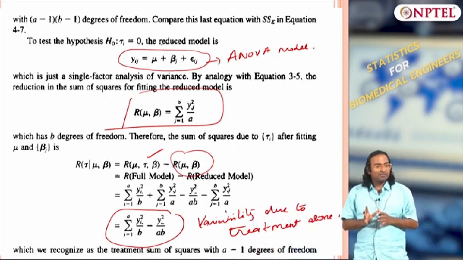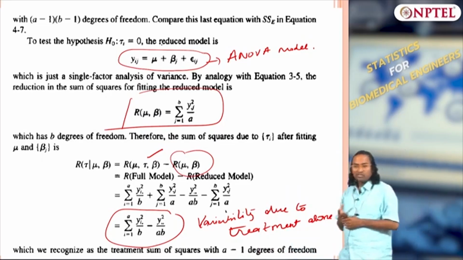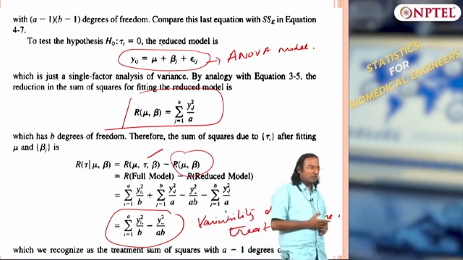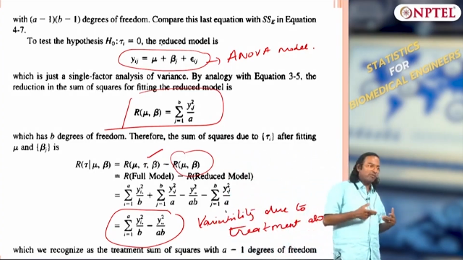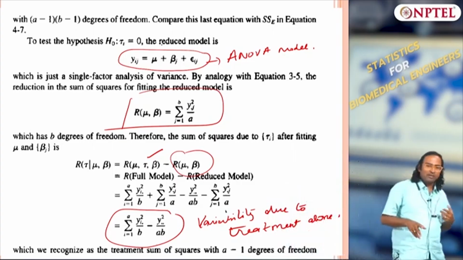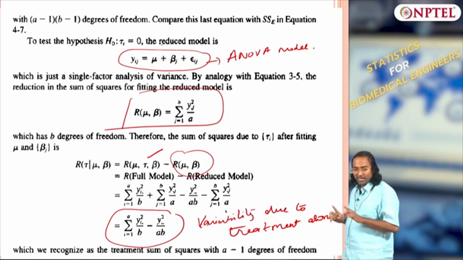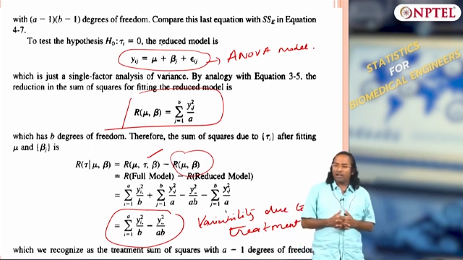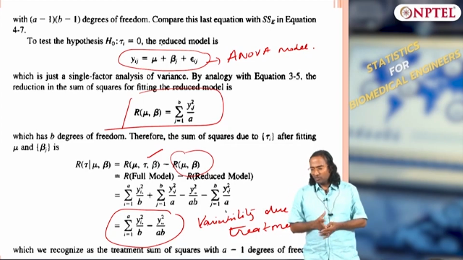Clear? Any questions? We have started with the model, we have gone through the importance of blocks, drawbacks of blocks, advantages, your degrees of freedom goes lower, but your power of the test goes higher, okay. So you can do better if you have blocks, okay.